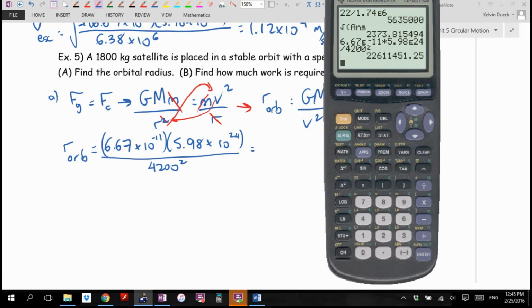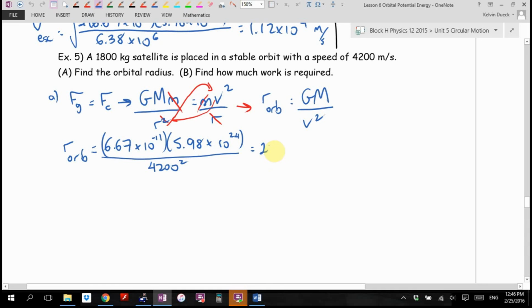And I get an orbital radius of 2.261141. I'll carry some extra sig figs. I'm going to write this out and round it off later because I want to use this for the work part anyway. That's 2.26 times 10 to the 7 meters.